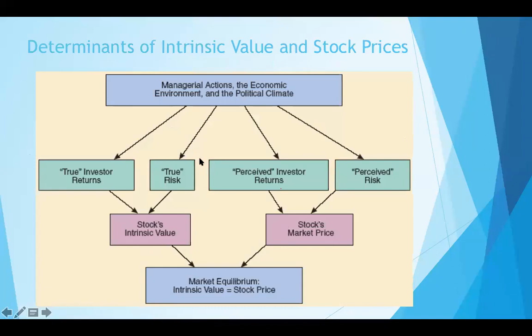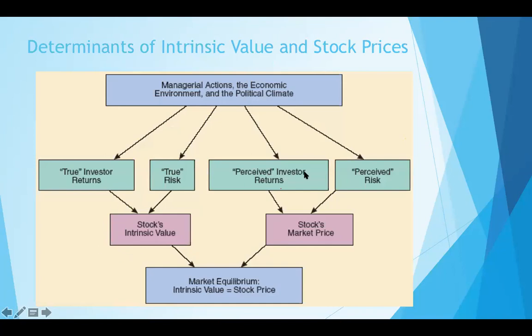So in this chart, you'll see the company's manager knows the company's risk and return, the true return and true risk. They know better than us. So they know the stock's intrinsic value, right?